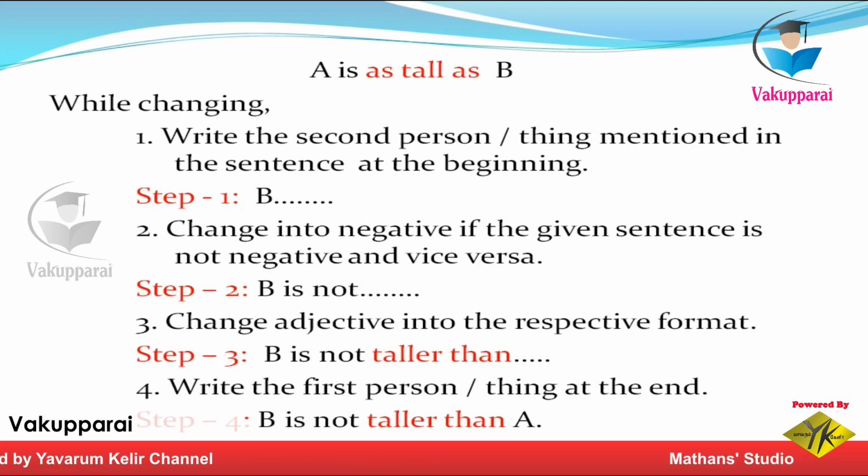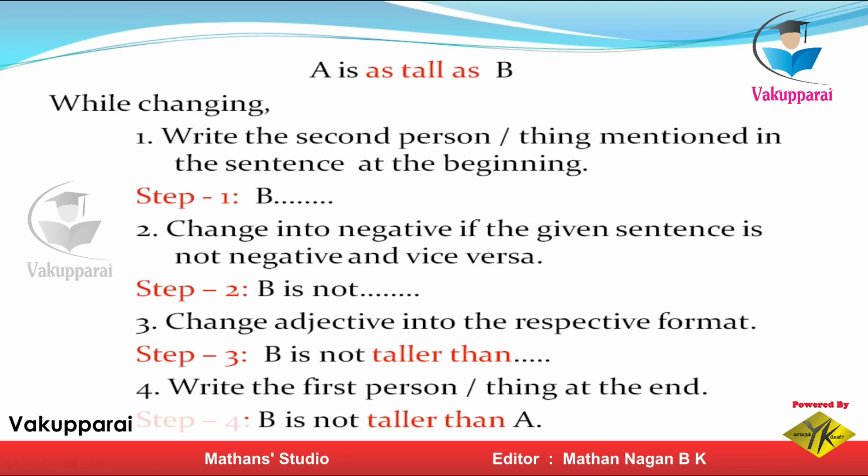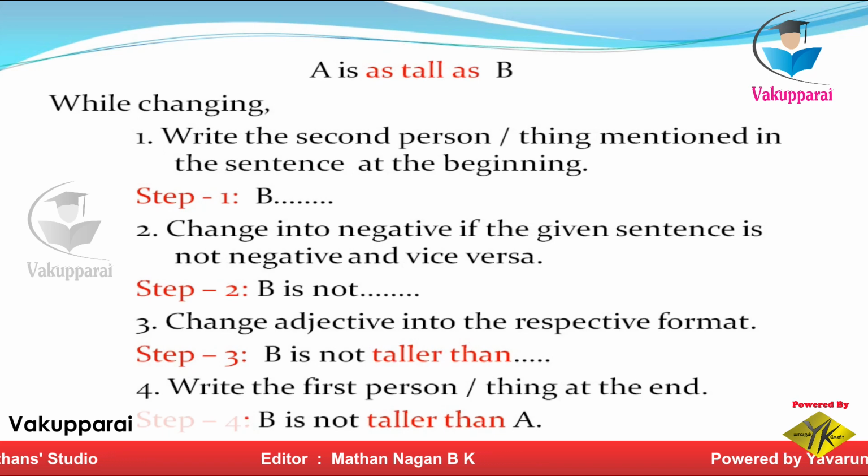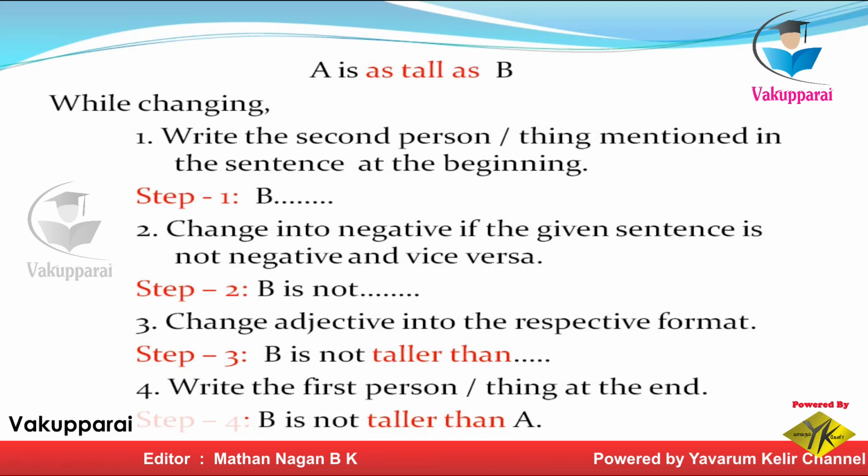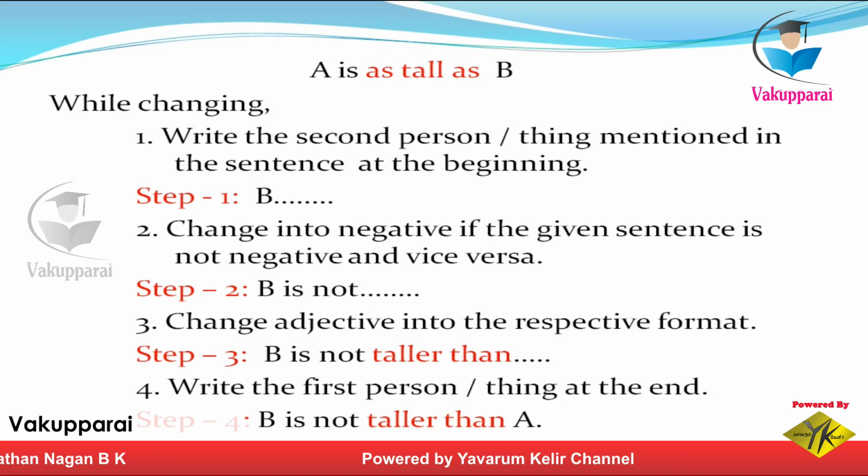Next, change into negative if the given sentence is not negative and vice versa. So you have to keep in mind that if the given sentence is not in negative form, you have to change the changing sentence into negative. If it is in negative form, you have to change the changing sentence into positive.